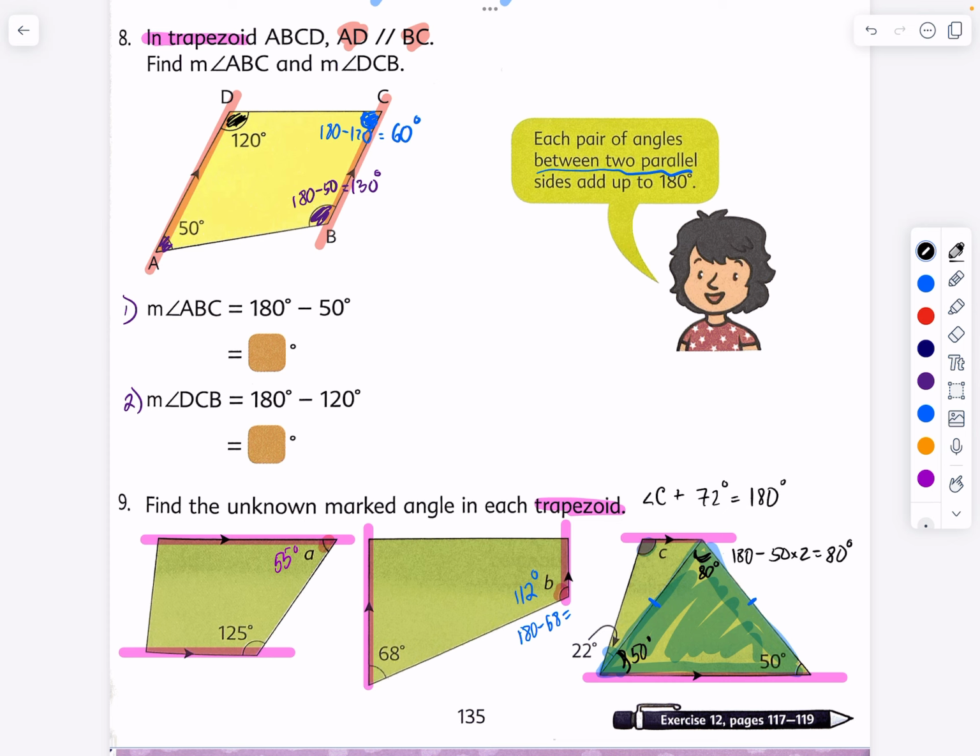Therefore, angle C has to be 108 degrees. We are talking about neighboring angles between two parallel sides. In a trapezium or trapezoid, we have only one pair of parallel sides. I hope this helps in your journey of finding unknown angles.